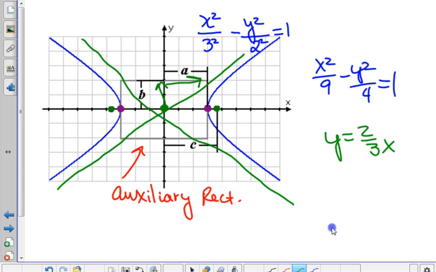This one going the other direction, what do you think? Anybody figure out the slope of that one? What is the slope of this badly drawn line? Isn't it just doing the same thing but in a negative direction? Thank you, Ben. y equals negative 2/3 x.